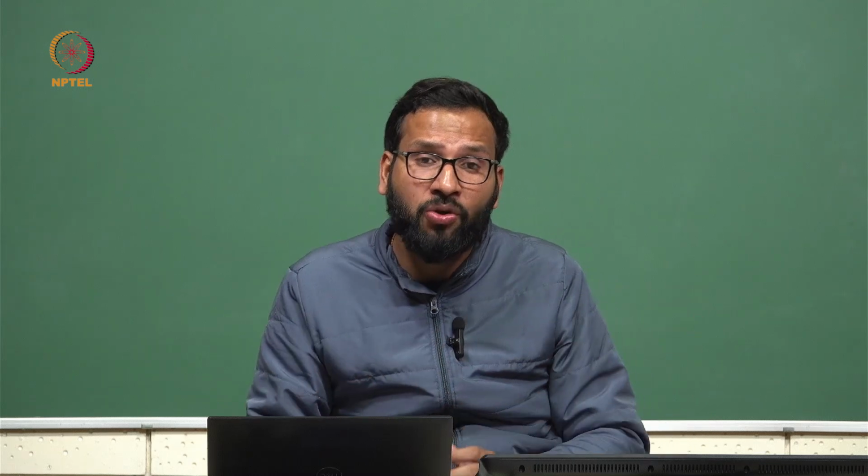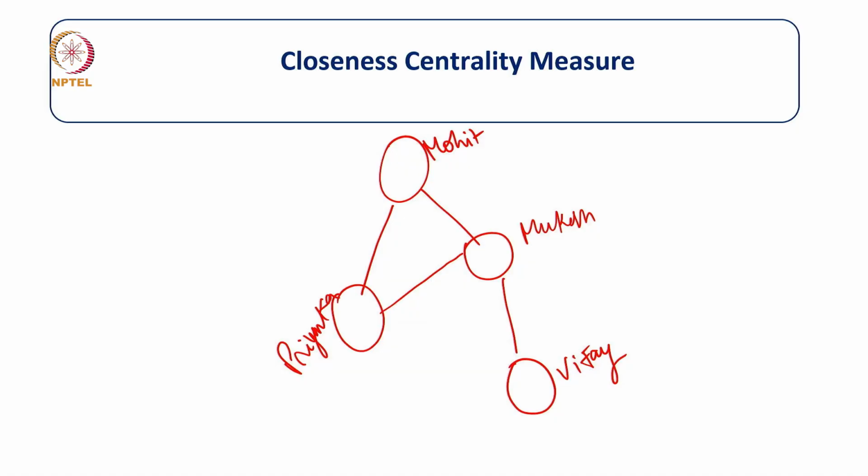To calculate the closeness centrality measure, we first need to calculate the shortest distance from one node to all other nodes. Then the closeness centrality measure will be the inverse of the sum of all those distances. So we will calculate the closeness centrality measure for each of our nodes.